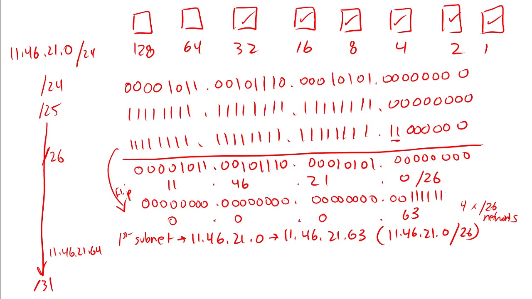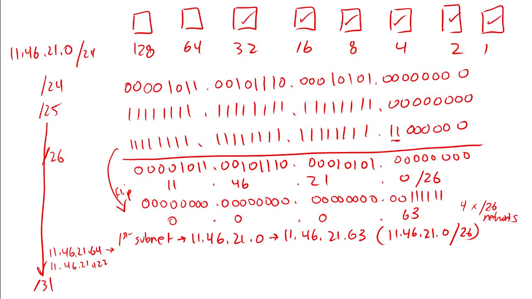It gets tricky, but say the next network is from 64 to 127, right? Because they're all 64 wide. So imagine that we wanted to break this piece down into smaller pieces for many other customers.